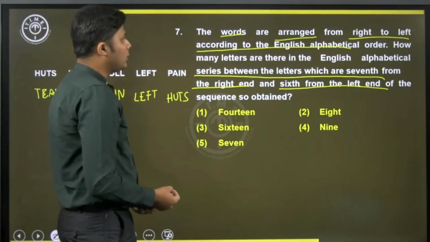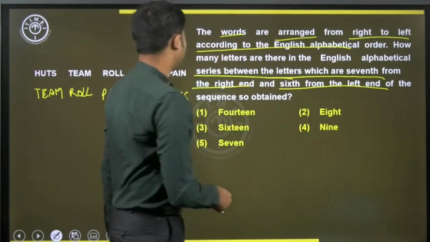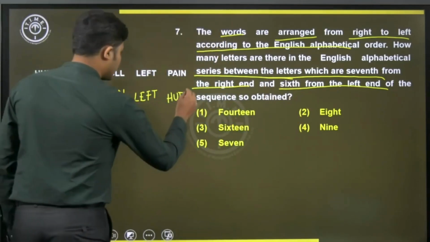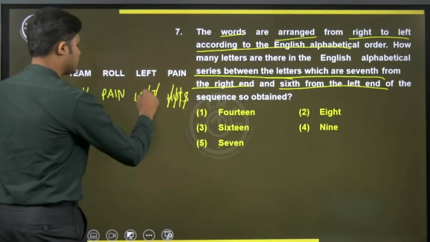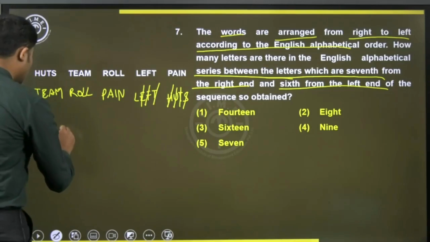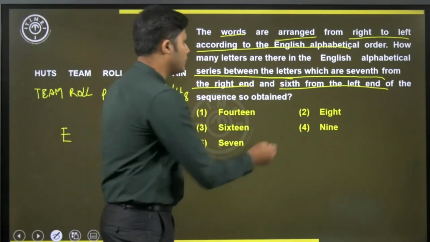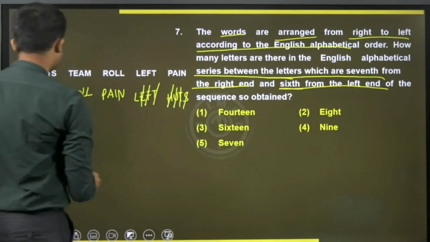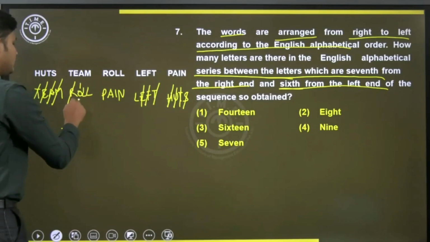So now we have to find out the number of letters between the letter which is 7th from the right end. So the first letter, second, third, fourth, fifth, sixth, and 7th. So this is the 7th letter from the right hand and 6th from the left hand: 1, 2, 3, 4, 5, and 6.